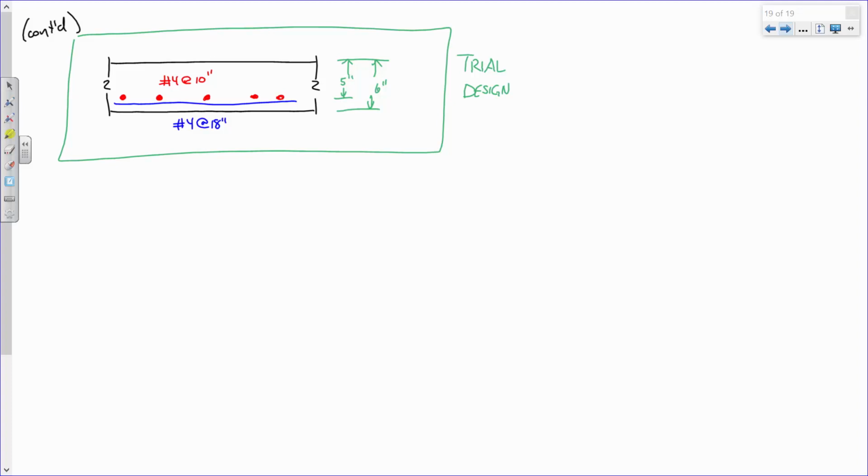Now, one of the things you will run into though is, if you start saying number 5s or number 6s, you probably start spacing it out further. But remember, your maximum spacing is 18 inches. That's a requirement. You can't start shirking that. ACI requirements specifically dictate the maximum spacing is 18 inches. So whatever you do, you got to hold that.